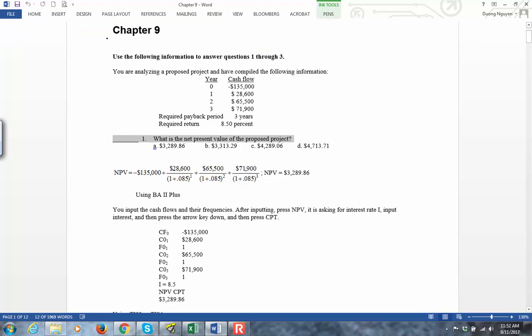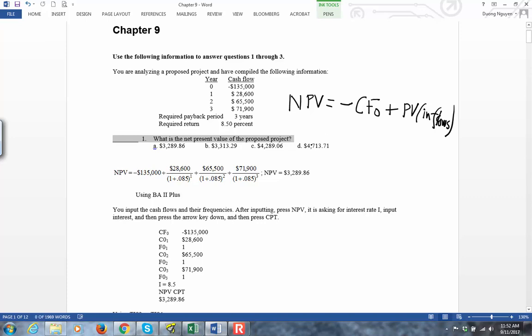So you can see that NPV would be equal to the cash flow at time 0, which is usually negative because it is the expense, plus the present value of all the cash inflows in the future.